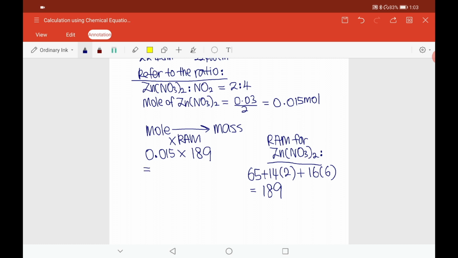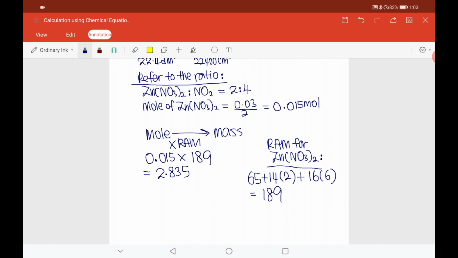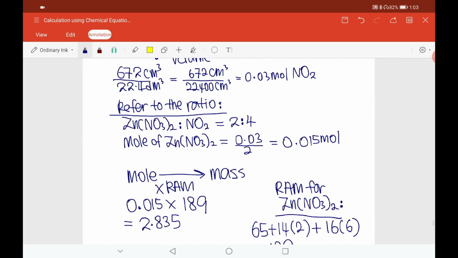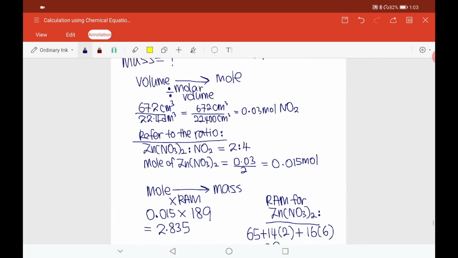Key into the calculator: 189 multiplied with 0.015. So we will get 2.835, or you can round off to 2.84 also can. So that's the answer. And don't forget to put in the unit.